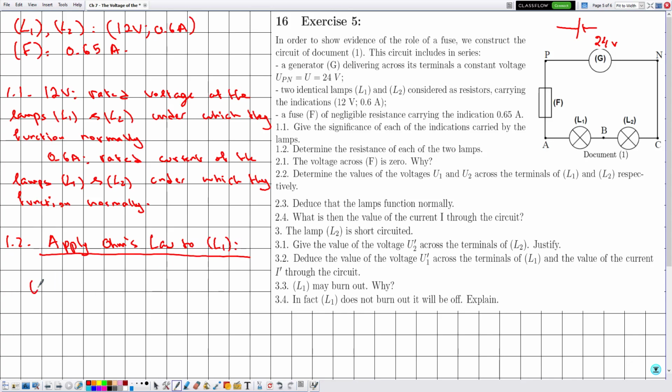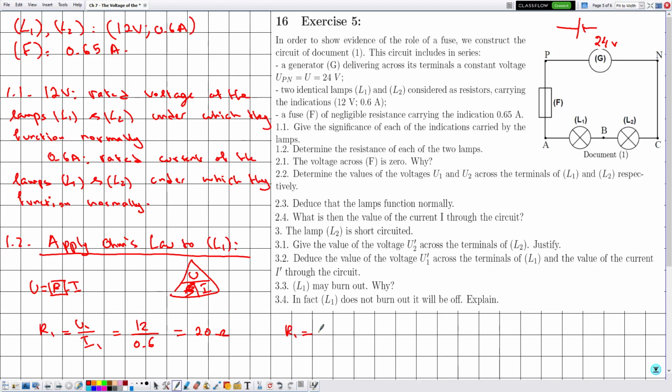Ohm's law is given by U equal to R multiplied by I. We are interested in determining the value of R. Constructing the triangle, putting our hand over R, then R1 is equal to U1 divided by I1, which is 12 divided by 0.6. Plugging this on the calculator, the value of the resistance is 20. Since both U and I are expressed in the SI, the value of R will be in ohms.